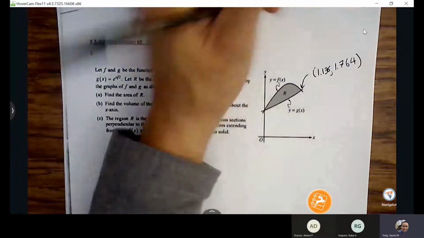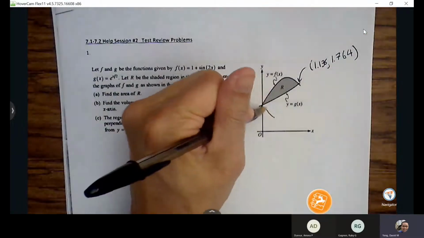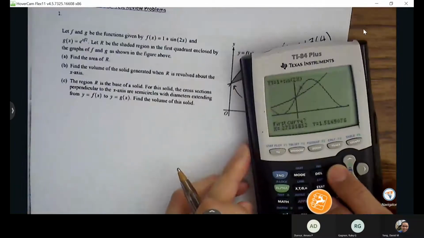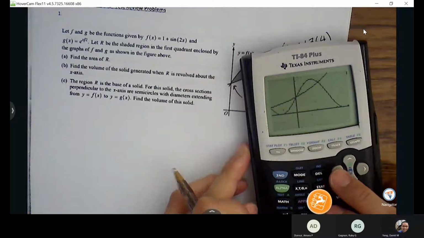We may need the y values later. I should have done the x as well.